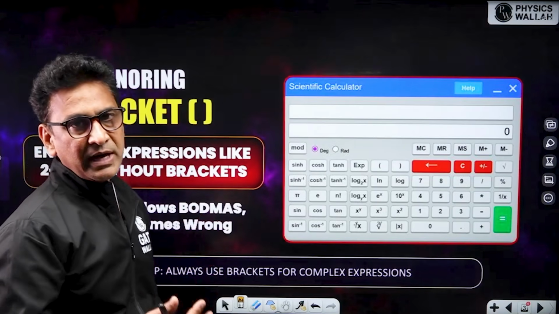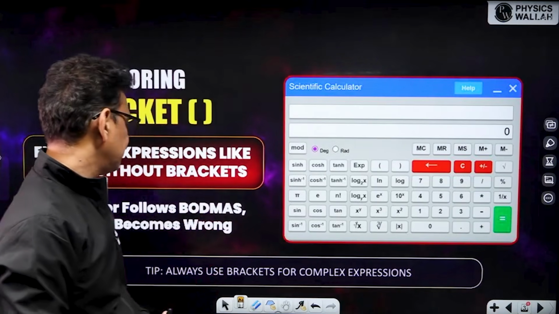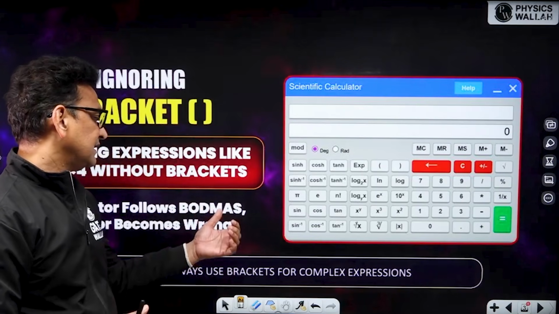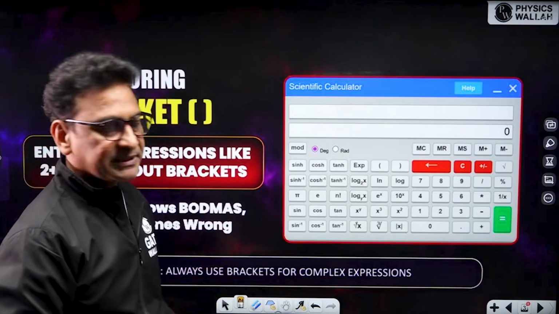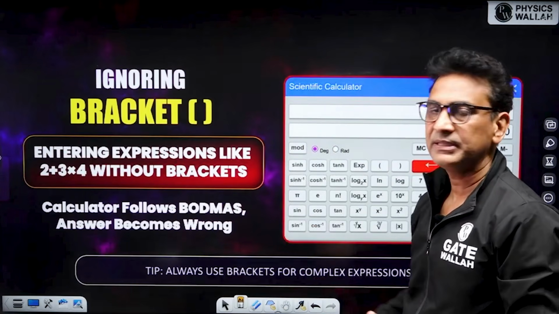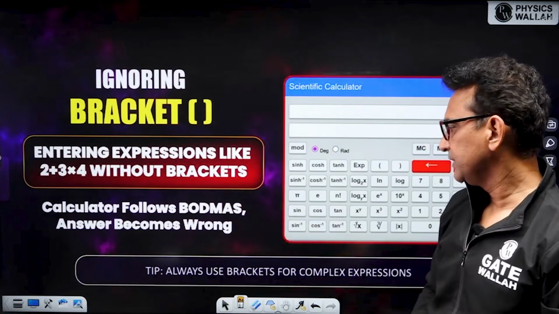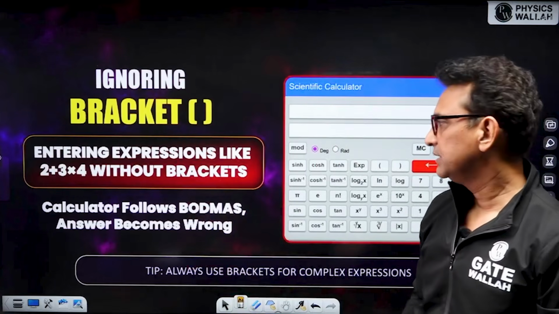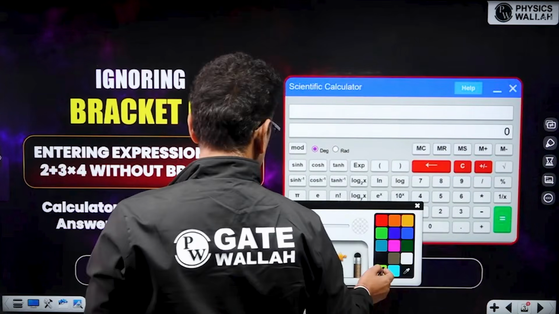Order means the square, cube, square root, then division, then multiplication, then addition, and then subtraction. In this order, every calculator will calculate the mathematical expression. Sometimes we do not use the bracket, and because of this, the answer becomes wrong.